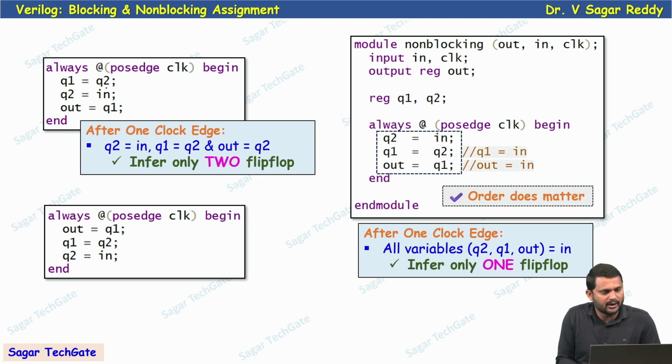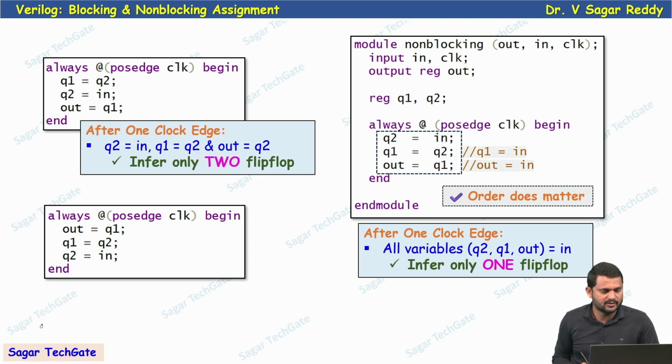So now Q1 hold the Q2. Q2 hold the in, but out hold the Q1. What is the Q1? Q1 means Q2 only. So out and Q1 hold only one value Q2. Whereas the Q2 hold the another value in. So now Q2 hold in and Q1 and out hold the same values. But he required only here 2 flip-flops. It infer only 2 flip-flops here in this case.